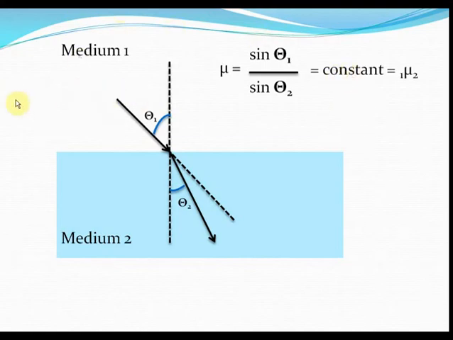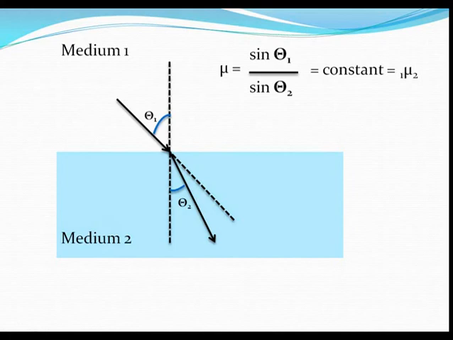So if you take air and glass, then for them this ratio sine θ1 by sine θ2 will always be a fixed quantity, no matter what else is happening in this world. In fact, this ratio sine θ1 by sine θ2, as you might already have studied in class 10th, is called mu, the refractive index for a pair of media. So if the light ray is coming from medium 1 into medium 2, the refractive index will be 1 mu 2. 1 mu 2 will represent the refractive index of medium 2 with respect to 1.